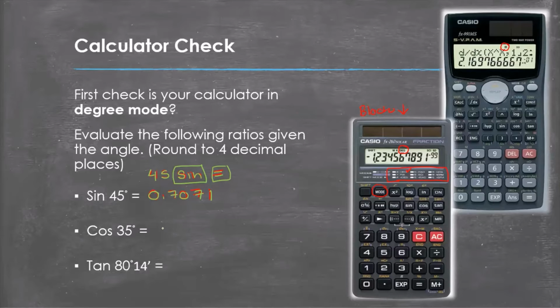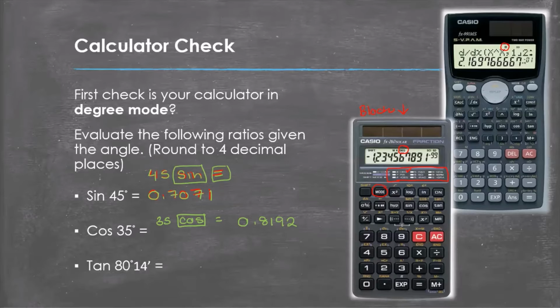So let's do the same thing for cosine. So you'll do 35 cos and equals. And you should get 0.8192. Now, whenever you're doing these ratios, if you're finding the sine of 45 degrees, keep 4 decimal places. I'm going to tell you to do that every single time.